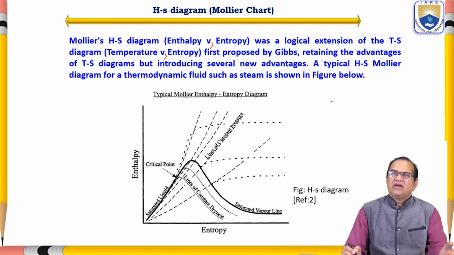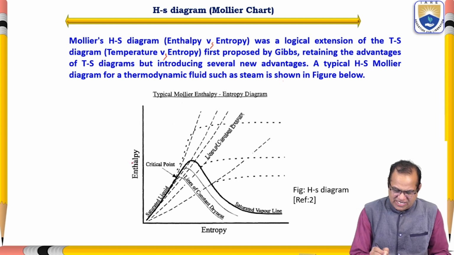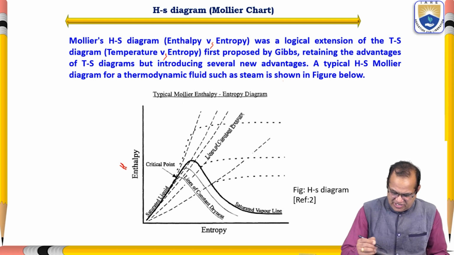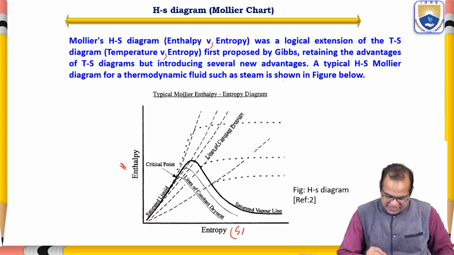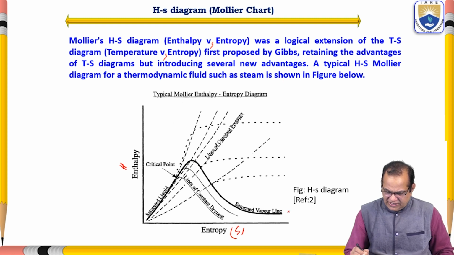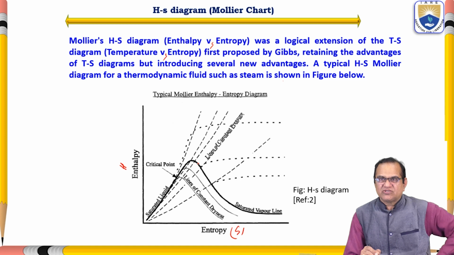So what are the properties which we can find out with the help of this? Here it is enthalpy, called H, and this is S. This is the saturation vapor line and saturated liquid line, called the saturation line.